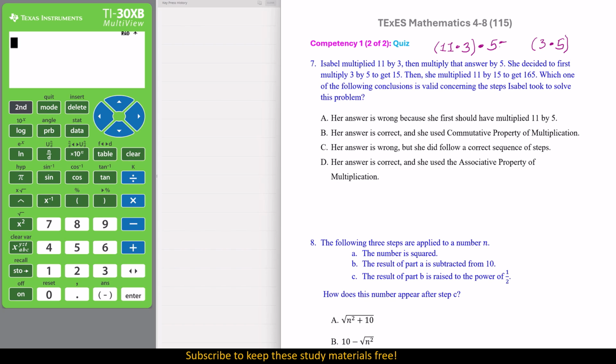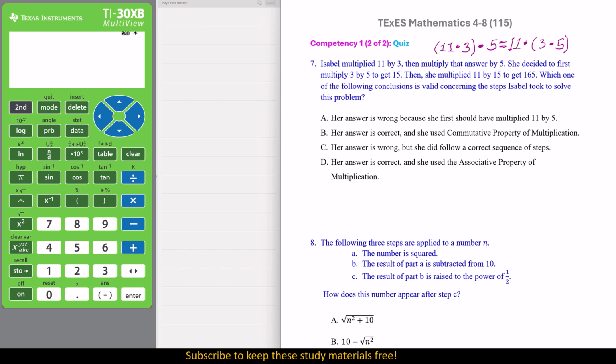Now, this is really what's going on. 11 multiplied by 15. Let me not mix symbols there. So if we look at the English, the order of the numbers is not changed.